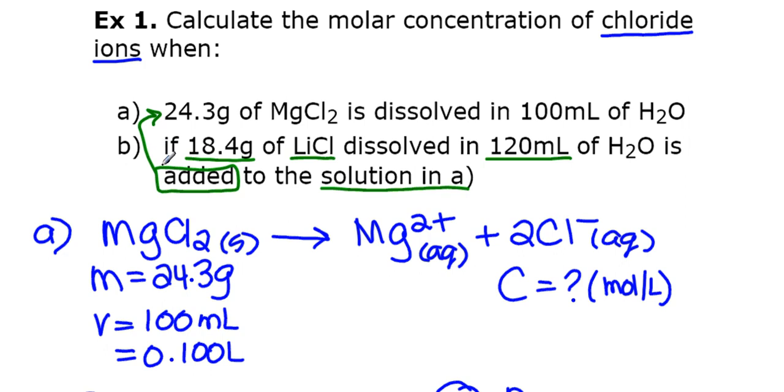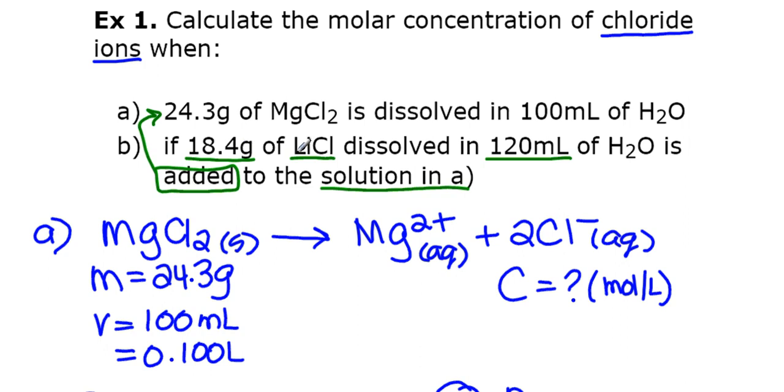So when we take a look at this question, it means we have our solution of magnesium chloride made up, and we are adding some lithium chloride to it. Lithium chloride has a volume and a mass. Do you see what ion is common between the two? It's the chloride ion.